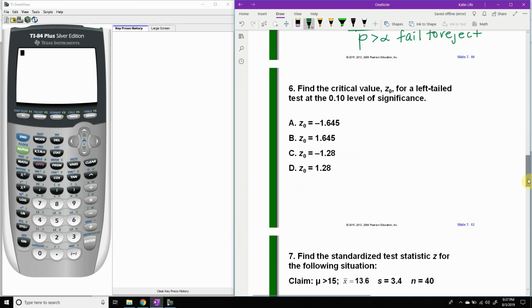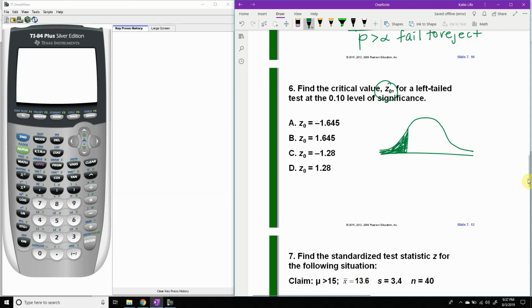Number 6, find the critical value Z0 for a left-tailed test at the 10% level of significance. Okay, well, if our critical value is a z-value, that means that we're using the inverse norm function from the standard normal curve. So left-tailed test means that our rejection region is going to be down here.